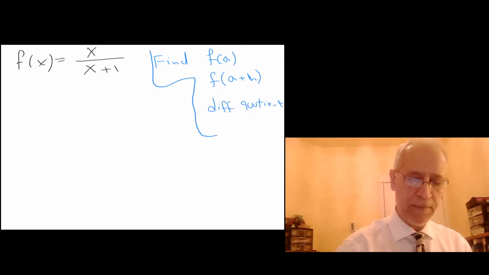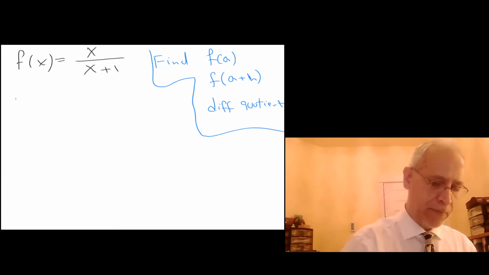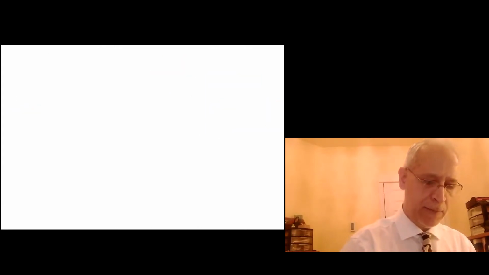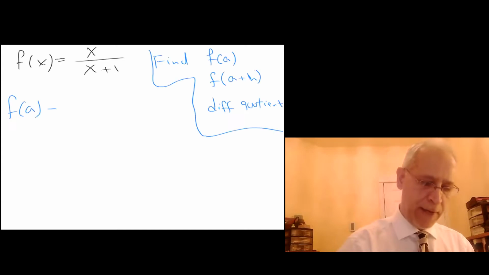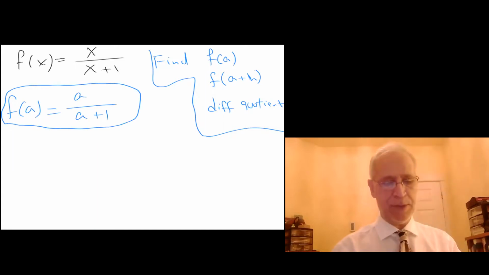So first of all, what is f of a? F of a, that's easy, f of a equals a over a plus 1. So I'm going to use that pretty soon.